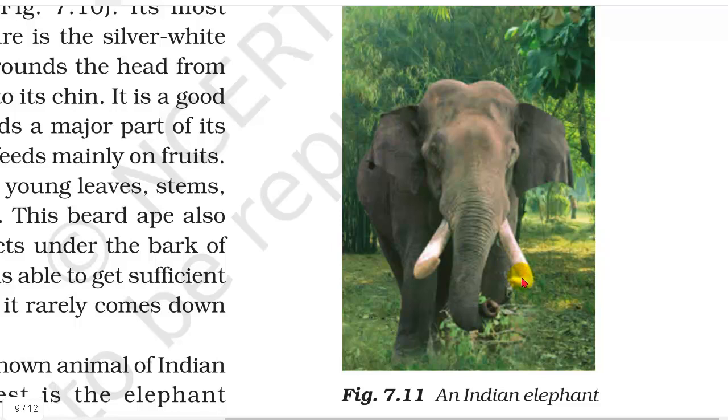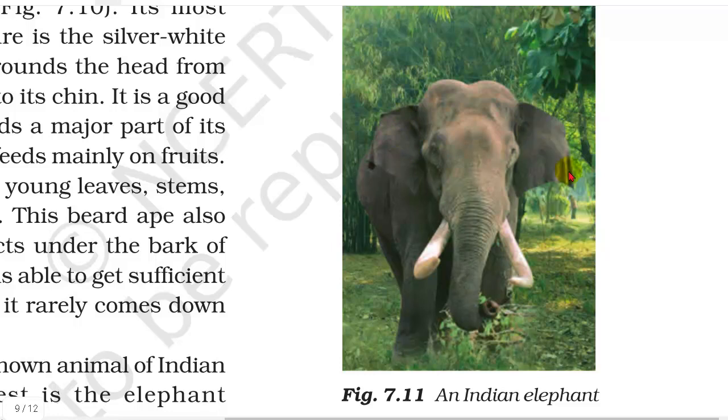Moreover, its tusks are modified teeth. These can tear the bark of trees that the elephant loves to eat. So the elephant is able to handle the competition for food rather well. Large ears can hear even very soft sounds. They also help the elephant to keep cool in the hot and humid climate of the rainforest by moving their ears like a fan.